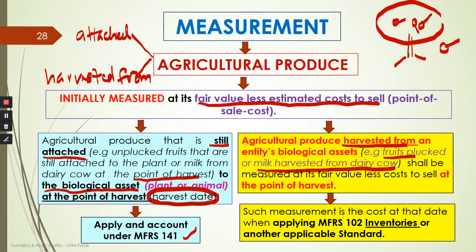Once you have harvested it, it is under Mfrs 102. Once you process the milk to become cheese, or process the fruits to become strawberry jam, or durian to become durian ice cream, those are no longer under Mfrs 141. These are finished products, and they are accounted for under Mfrs 102.